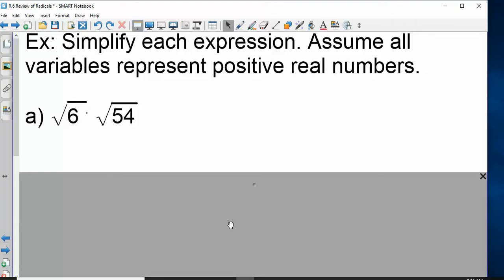Okay, if I said the square root of 6 times the square root of 54. Is 6 a perfect square? No. So let's try combining these two things first. If you want to put them together, all you have to do is multiply the numbers underneath. So take 6 times 54.